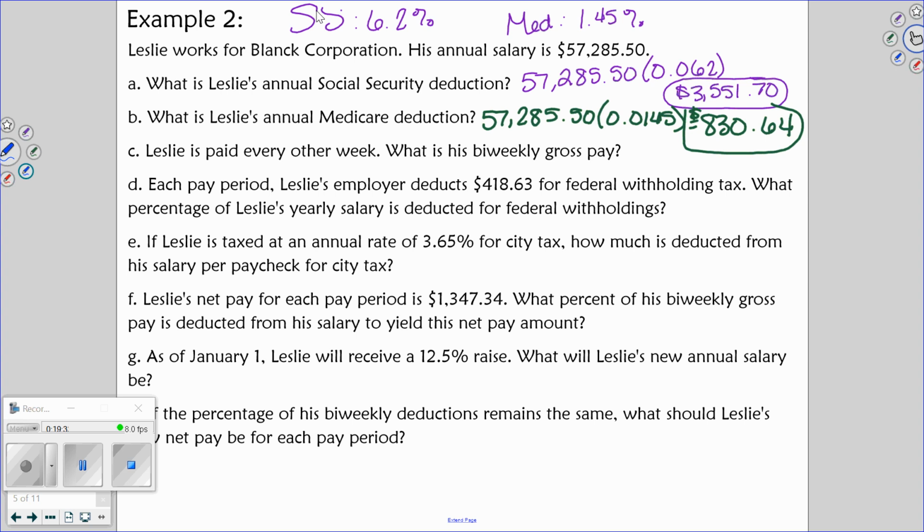All right, part C. Leslie is paid every other week. What is his bi-weekly gross pay? How do you figure that out? Divide by what? 26. Bi-weekly, there's 26 pays. So you're going to take the $57,285.50 and divide that by 26.